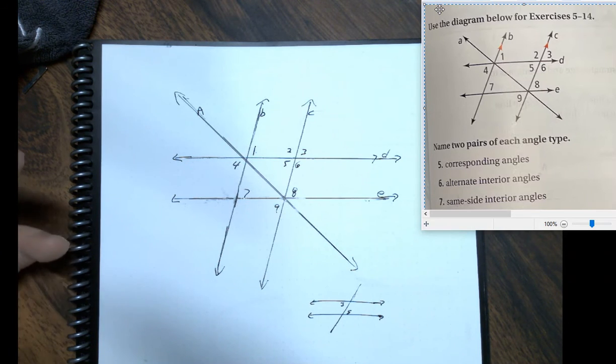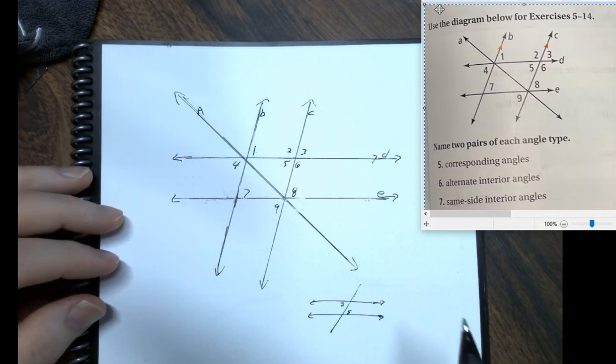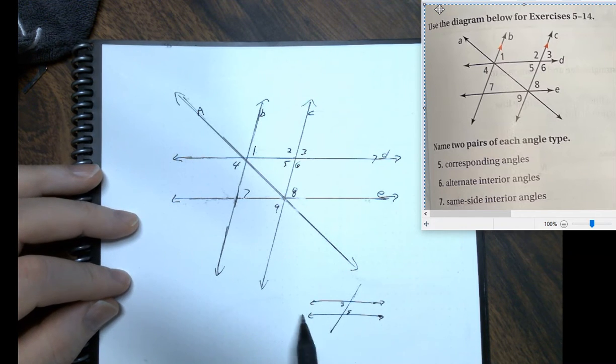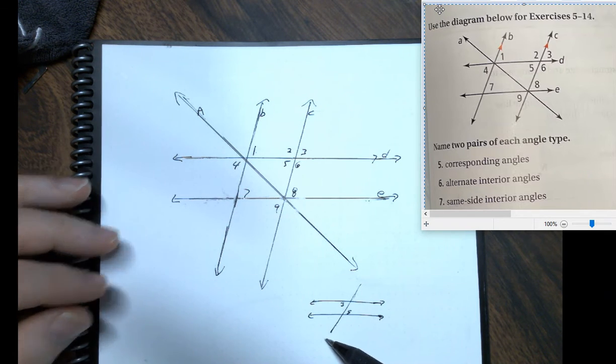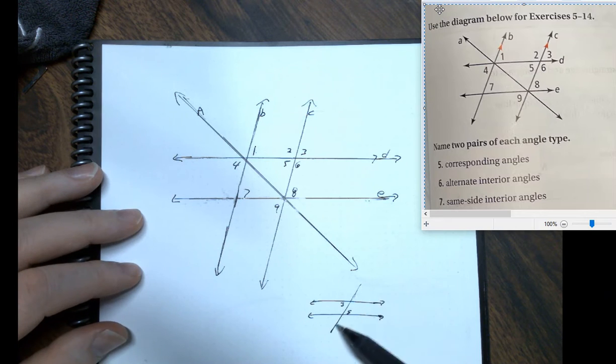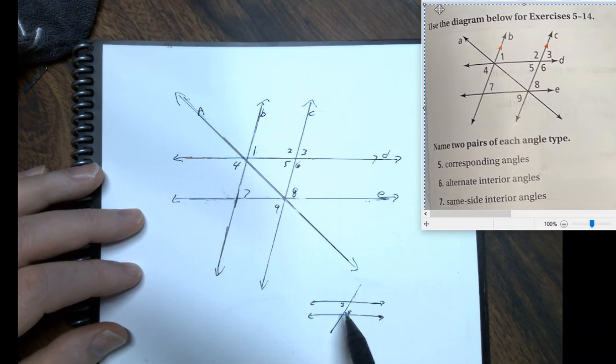So for alternate interior angles, first thing you've got to have is a couple of parallel lines, and then the line that intersects the two parallel lines, two or more, is called the transversal. And what we're looking at is the interior angles, which would be in this area, but it's looking for alternate interior. So let's say that these are two parallel lines.